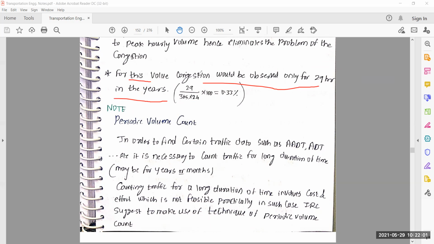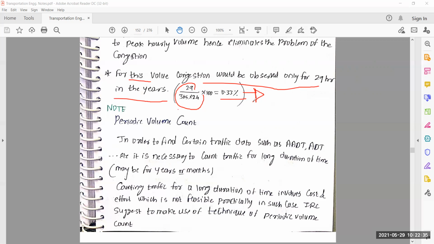From a percentage point of view, 29 by 360 into 24 into 100, it will be 0.33%. So for 0.33 percent of the time, congestion occurs in a year. Its value is very low, so we do not bother about that. All our problems will be eliminated by considering the 30th highest hourly volume as our design consideration.